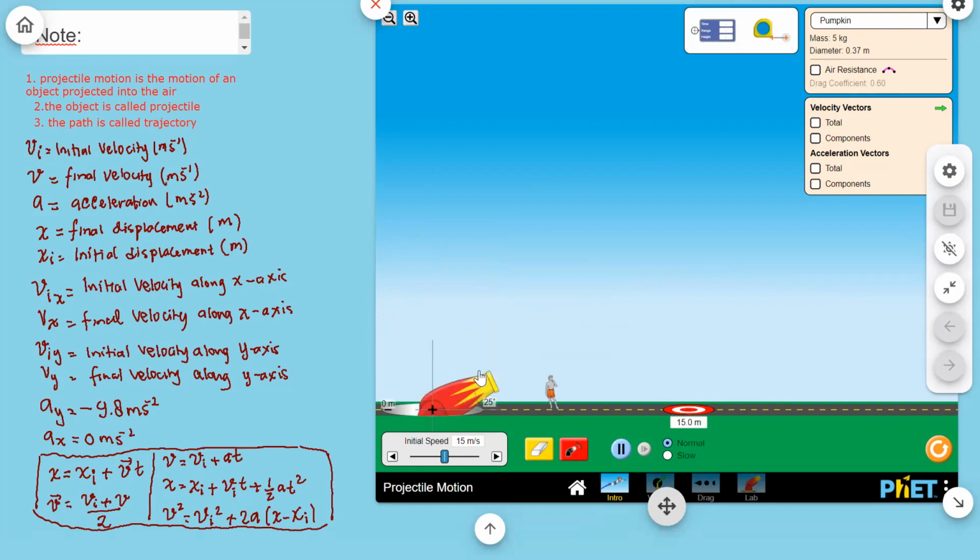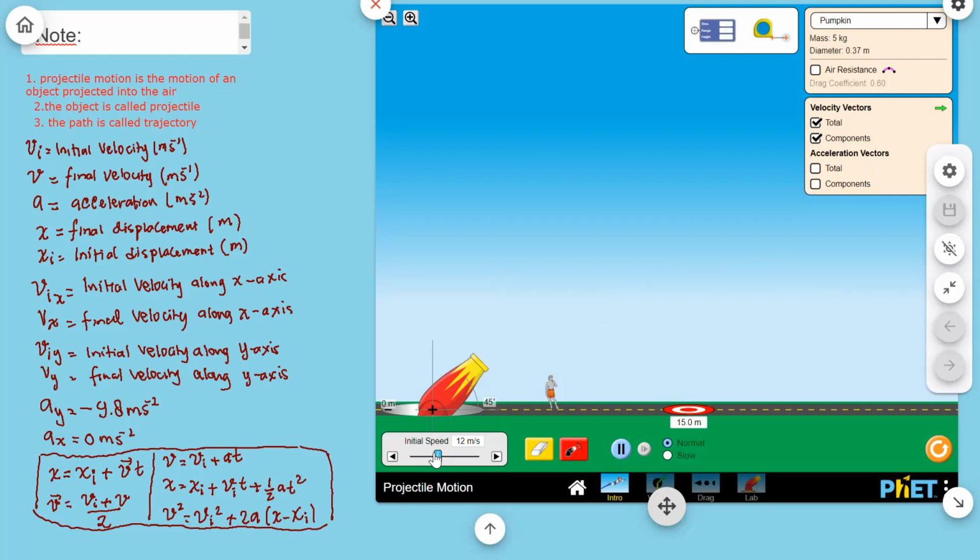And then again, we can assume the angle of elevation is theta. So then we can put the components of the velocity vector and the total.